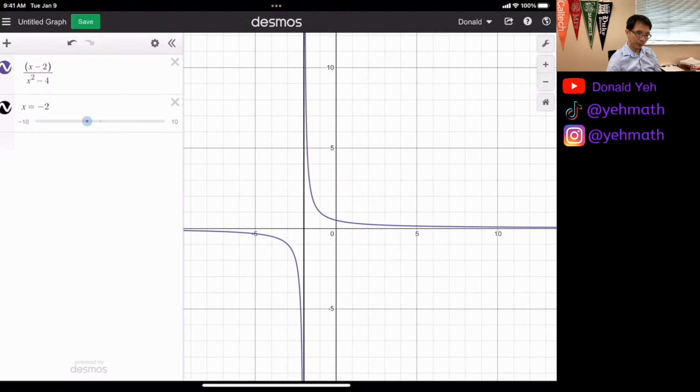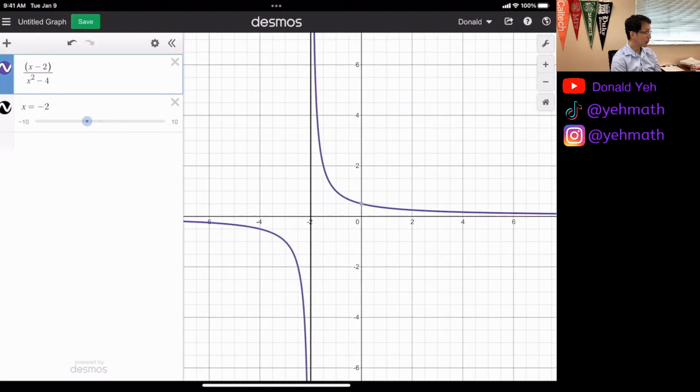Have you seen this in pre-calc? Vertical asymptote, right? But there's also a hole. Hole at where? At 2. Go look at 2. It's almost close to 0.25. 0.25 is 1 over 4. We know at 2, there's 1 over 4 as a hole. So there's a removable discontinuity and there's a non-removable discontinuity. Does that make sense? Okay.